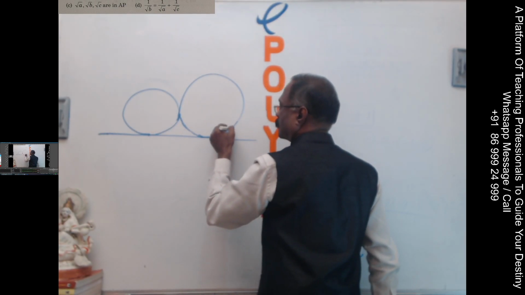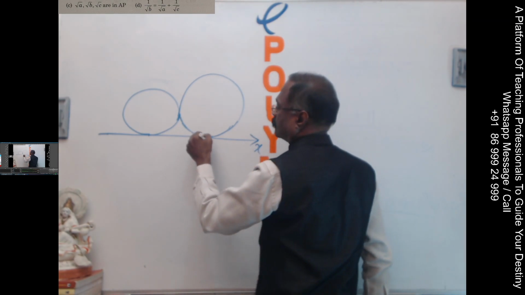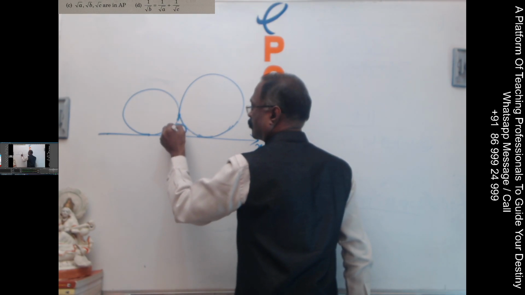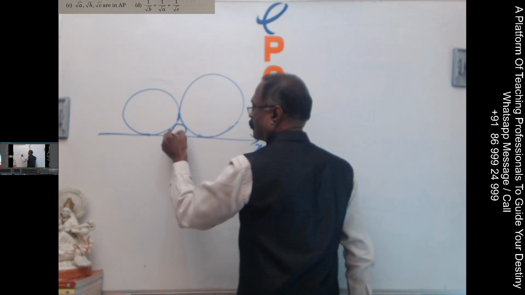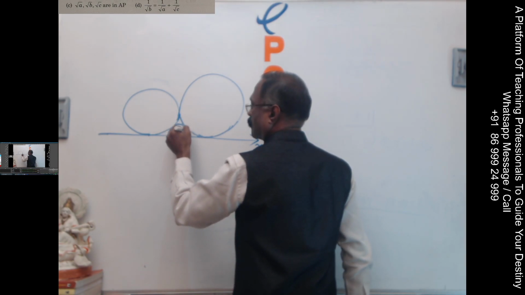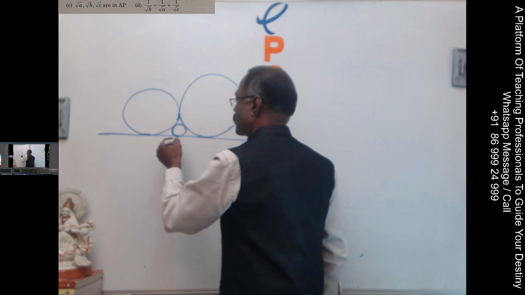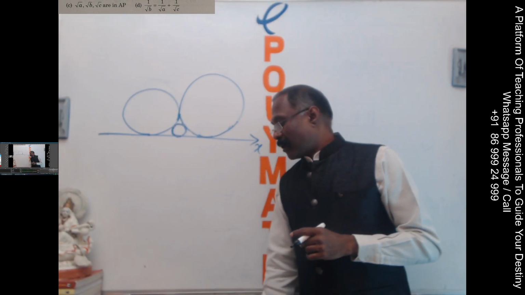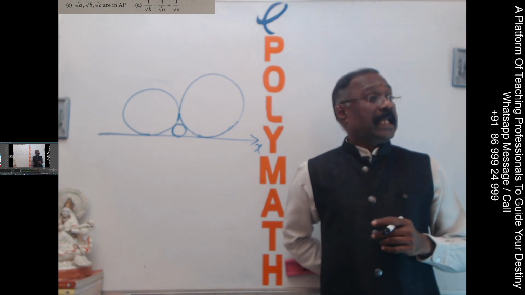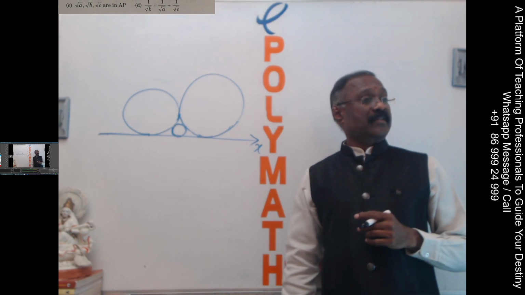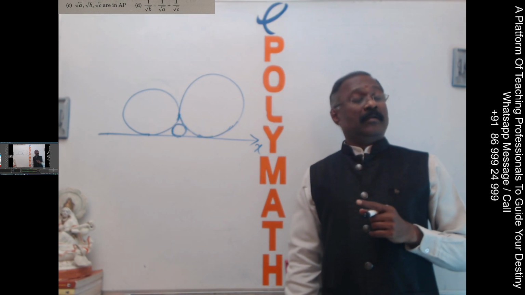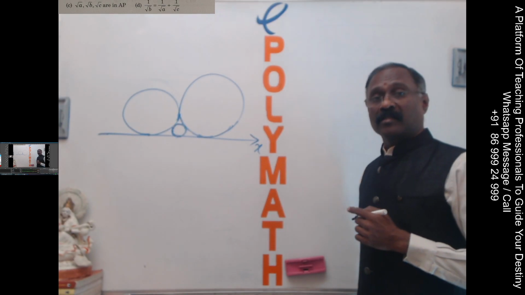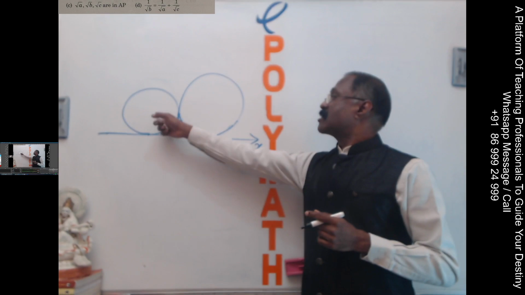All are touching the x-axis. This is a smaller circle. The smaller circle radius is given to be A, the bigger circle radius is given to be C, and the circle in between has radius B. This is A, this is B, this is C.